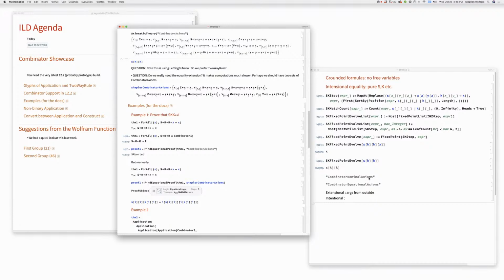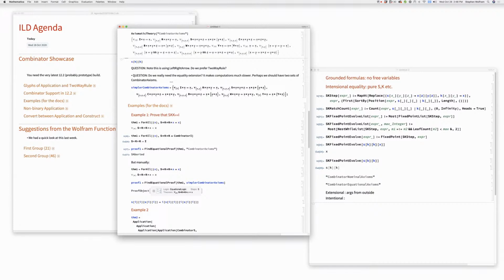I agree. In the spirit of what Roman was saying before about having minimal functionality in the system and then exposing everything else to the function repository: because the new version of FindCombinatorProof does support both extensional and intentional proving with options, what we could do is include simple combinator axioms in AxiomaticTheory and document that FindEquationalProof by default only does extensional proving, but then have FindCombinatorProof in the function repository that can do both.